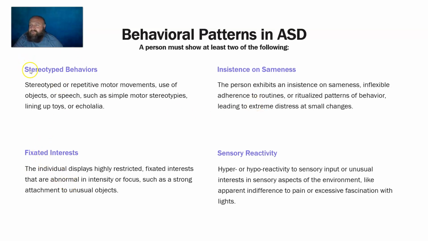Another child or adult may be really strong in stereotyped behaviors, a little bit of insistence on sameness, but no difficulties with what would be considered typical sensory reactivity. Now, it has to be at least 2. Are there children that have all 4? Yes. But they only need to have 2 in order for a diagnosis to be made.